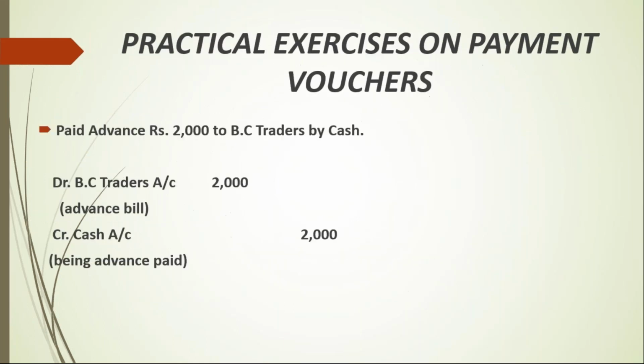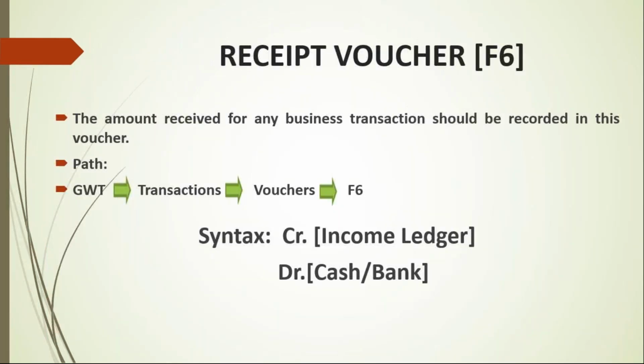If I talk about the receipt voucher syntax, over here, the credit aspect was the source of income, that ledger, and the debit aspect was cash or bank, how we are receiving the funds. Now, this is the situation in all these three vouchers. So in all three vouchers, cash or bank is present.